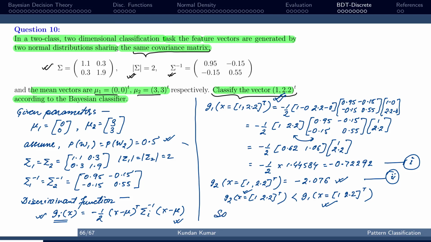So x equal to (1, 2.2) is classified to class 1. Okay, so this much for this lecture. Thank you.